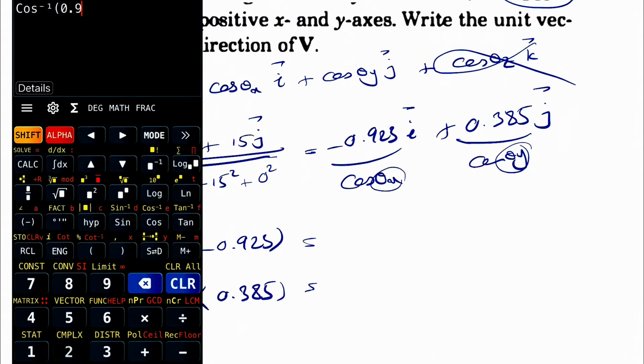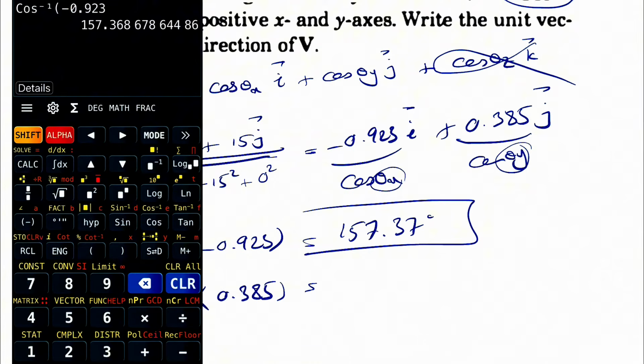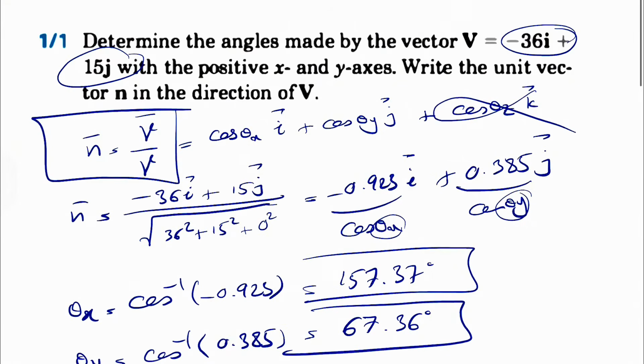So cosine inverse of 0.923, we forgot the negative sign. So that's going to be 157.37 degrees. And let's see what we have for the theta y, 0.385. And this is going to be 67.36 degrees.